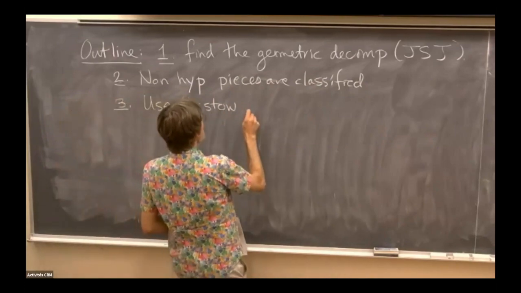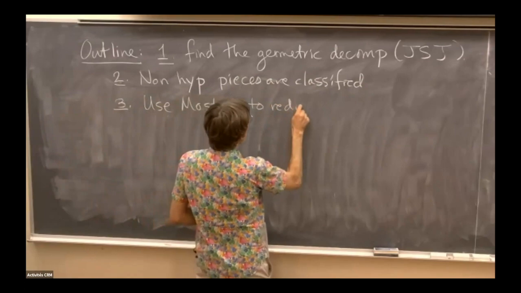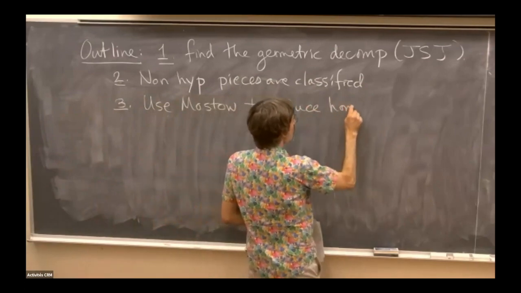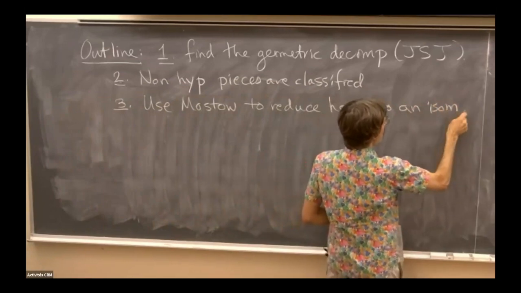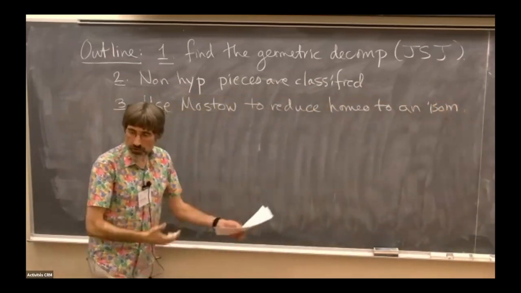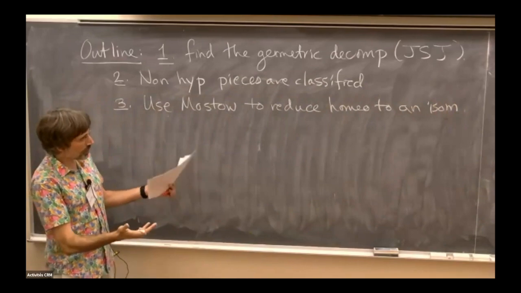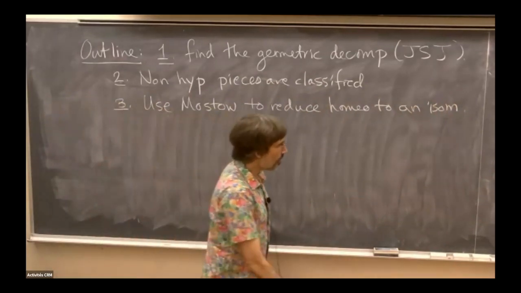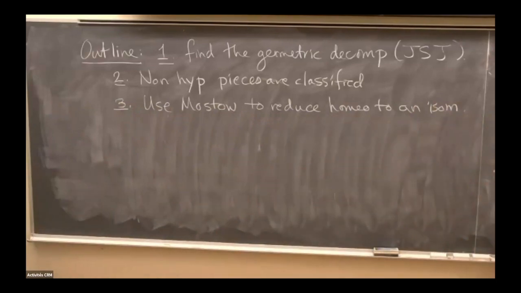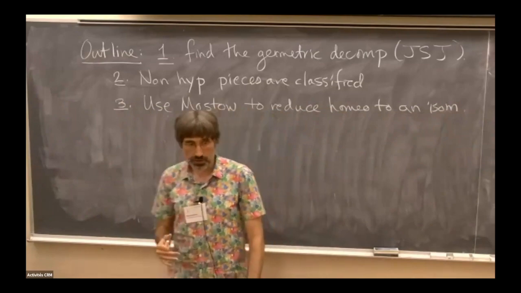So we use Mostow to reduce the homeomorphism problem to an isometry problem. I'm trying to check if these two manifolds are the same. By this stage, I just need to check if the hyperbolic pieces are the same, and I can actually just check if they're isometric. And isometries are rigid things, as I'll explain. So that turns out to be a lot of leverage.